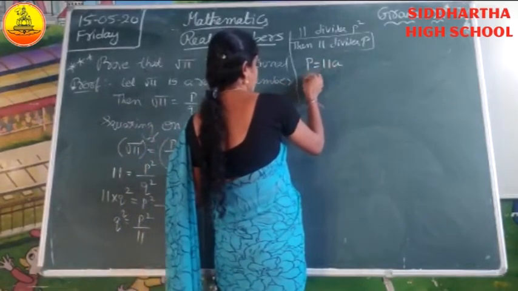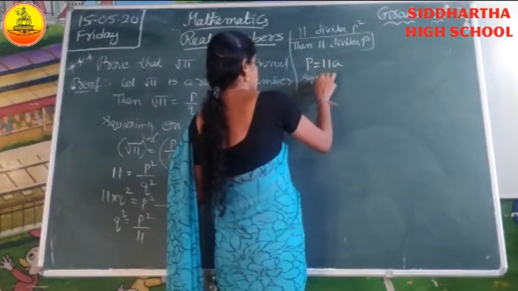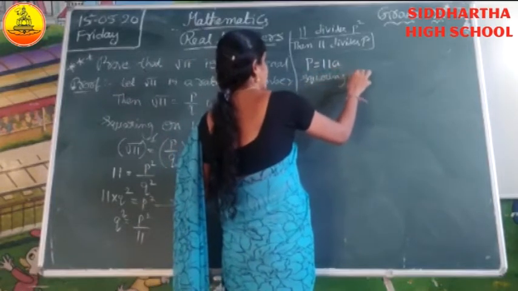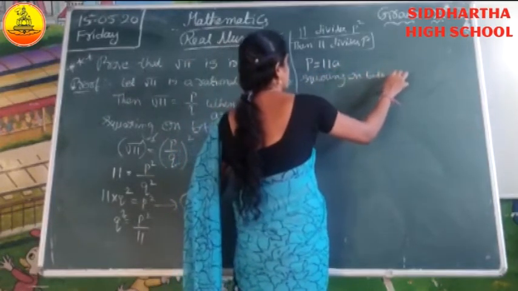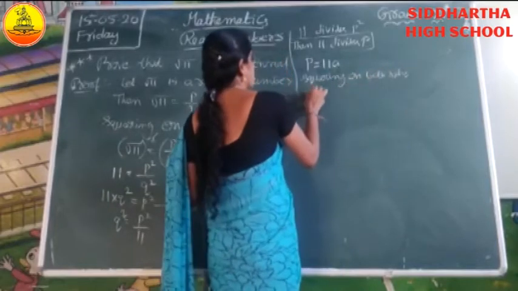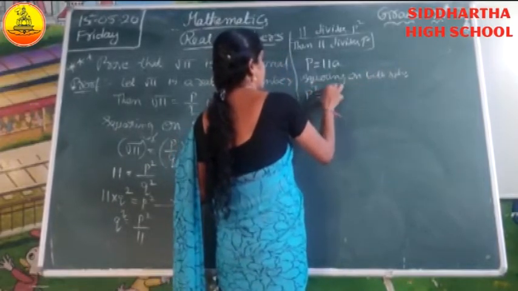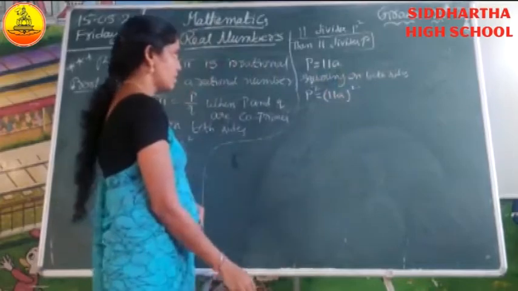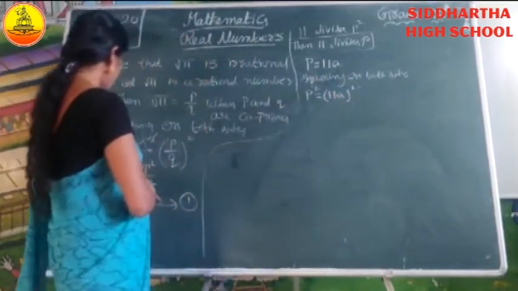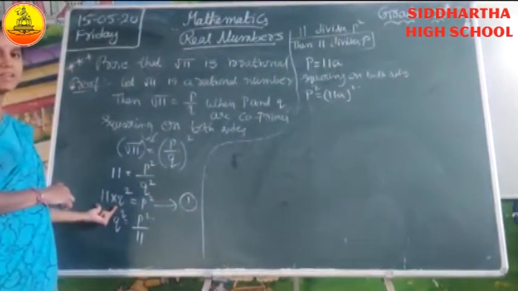Then what will happen? Then you do squaring on both sides. P square is equal to 11A whole square. What is P square? Already we know what is P square. P square means 11 into Q square.